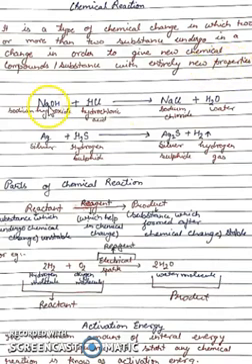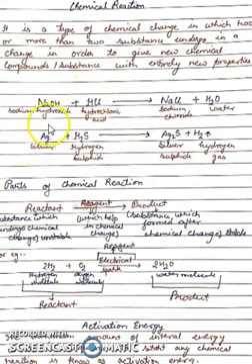Look at an example. When sodium hydroxide reacts with hydrochloric acid, it gives us sodium chloride and water. When we observe this chemical reaction, we see that the sodium chloride formed is totally different from sodium hydroxide and hydrochloric acid.